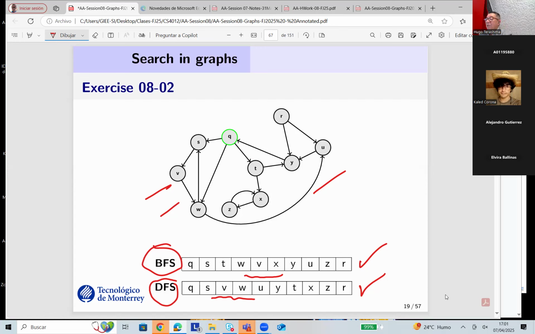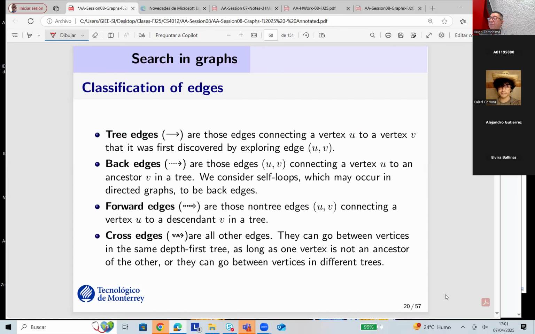So let us just move on right now. When I'm doing search in a graph, I can classify the edges that I find as I go through a specific search. For example, I'm in a node here, and then I'm moving, and I find this node for the first time.